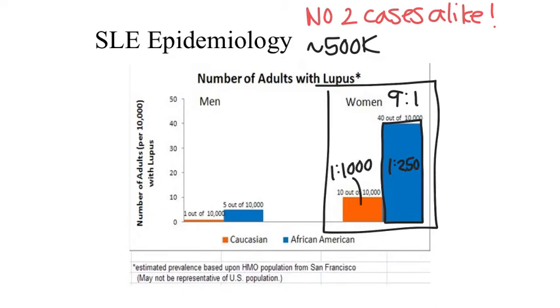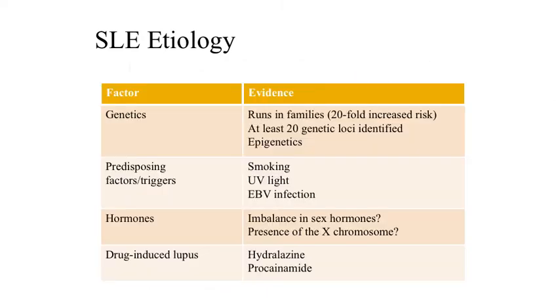Lupus is probably the most common, but also the most complex and serious of all the autoimmune disorders we will discuss. There's a wide range of possible onset of the disease, and it can occur anywhere between the ages of 15 and 50 years old. There are several factors that contribute to the development of lupus that include both genetic, endogenous, and environmental factors.